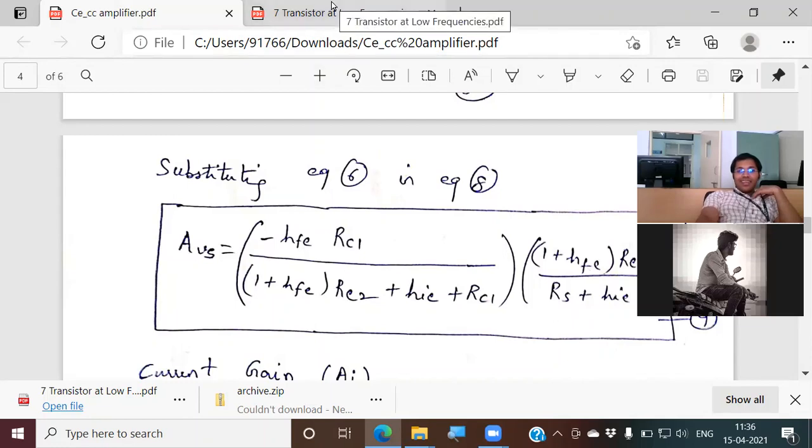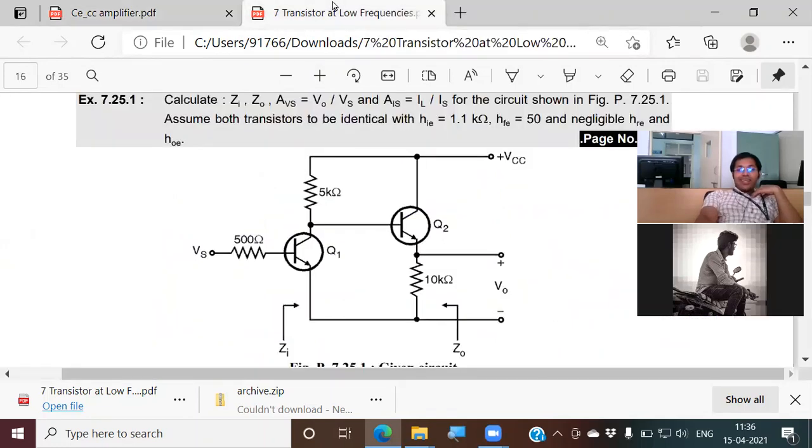So first, let us note down. All of you take pen and paper. I repeat, all of you take pen and paper. Note down the values in your notebook. First, note down the values here.